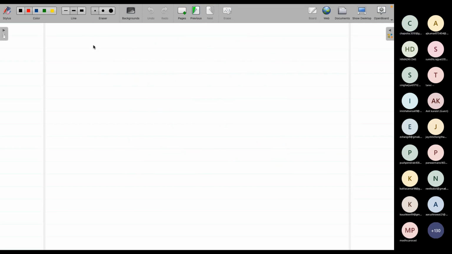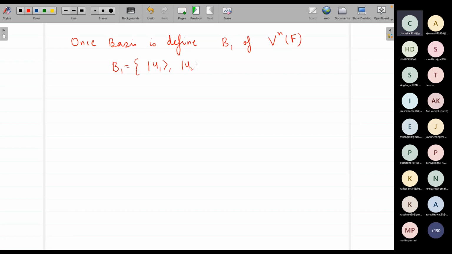Once the basis is defined, this is an interesting thing. Let's say we choose a set V1 of, let's say, V over F. We are talking about an n-dimensional linear vector space over any field, and I have chosen a basis u1, u2, and so on.